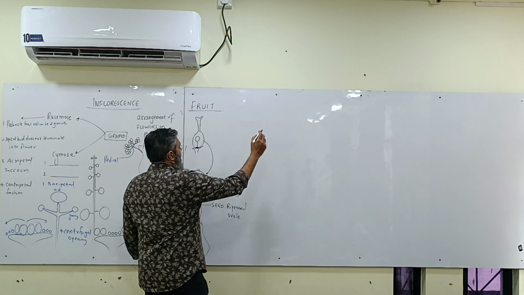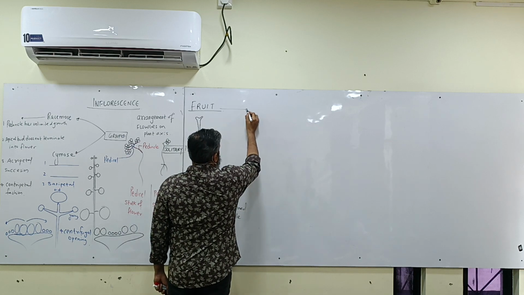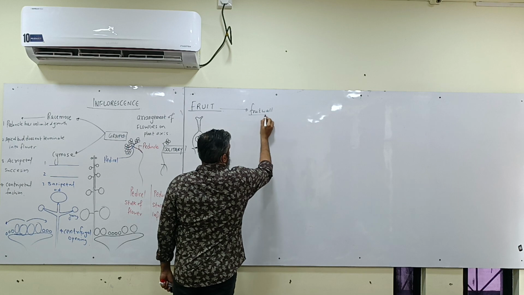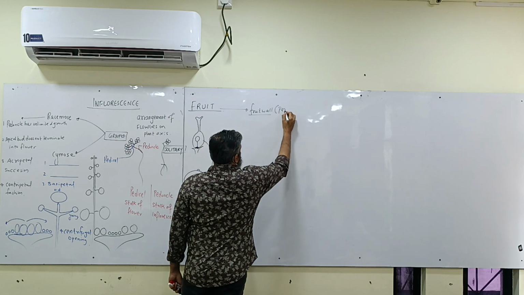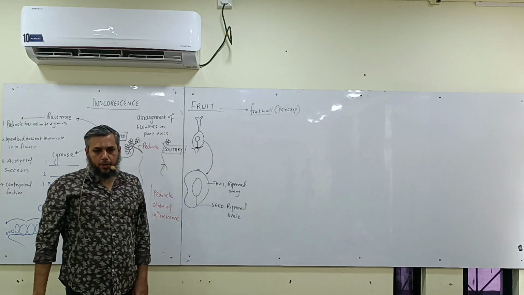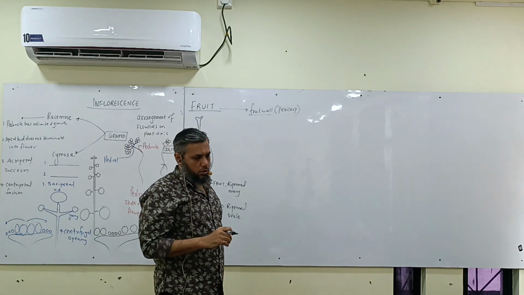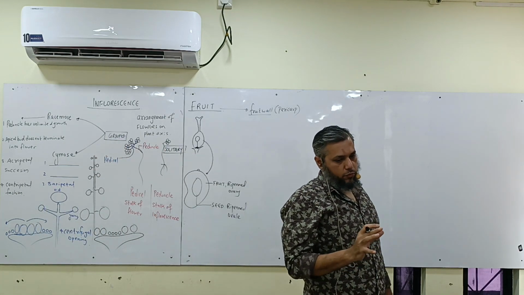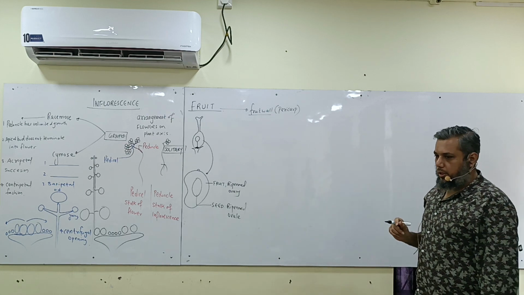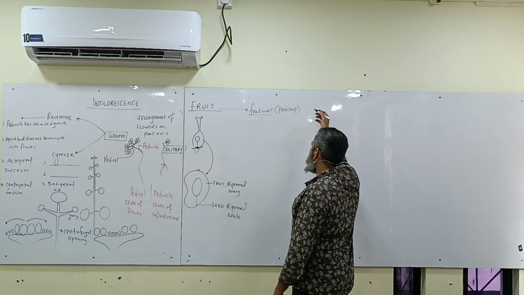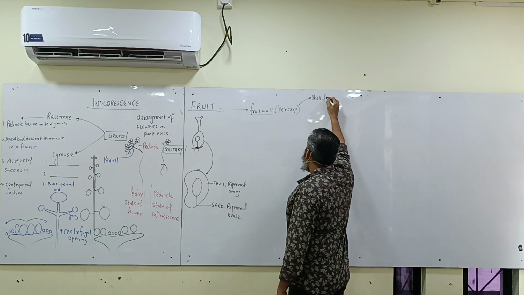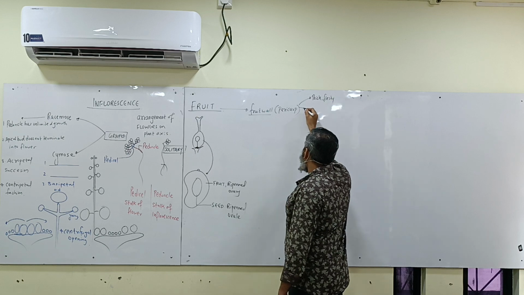Now, in the structure of a fruit, remember the important thing is the fruit wall, which is called the pericarp. Okay? So what is the outermost part of the fruit called? Pericarp. That is actually the fruit wall. Now this pericarp can be of different types. It can be thick and fleshy.